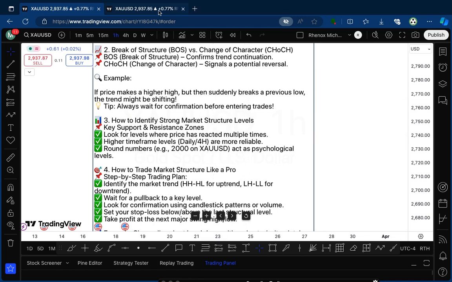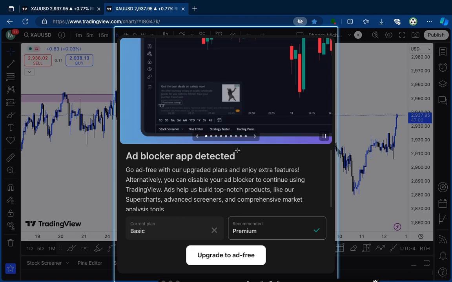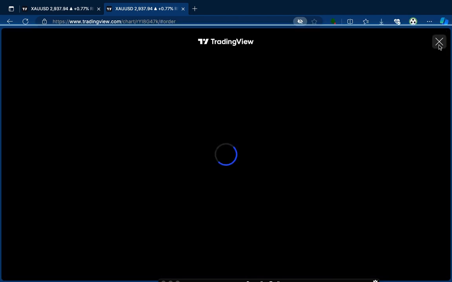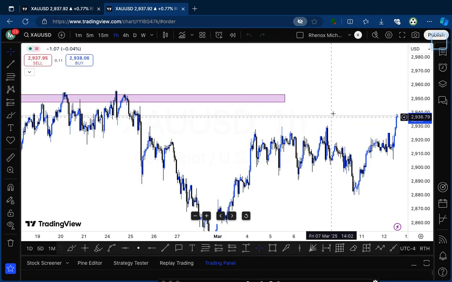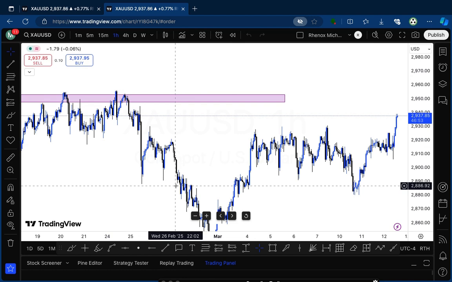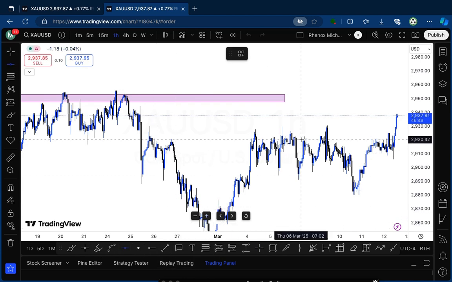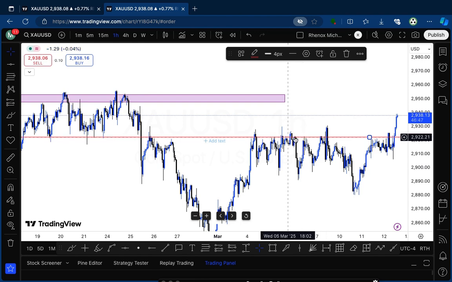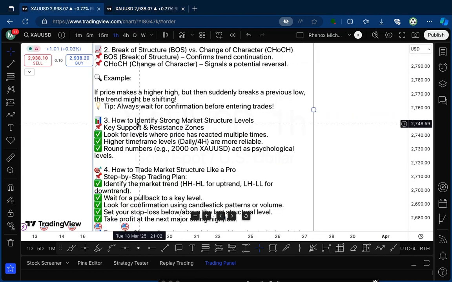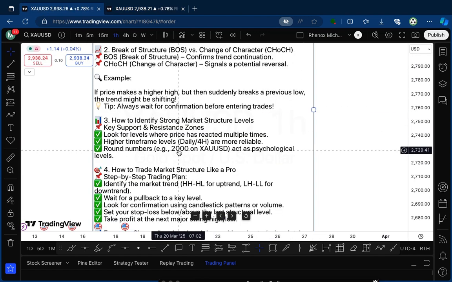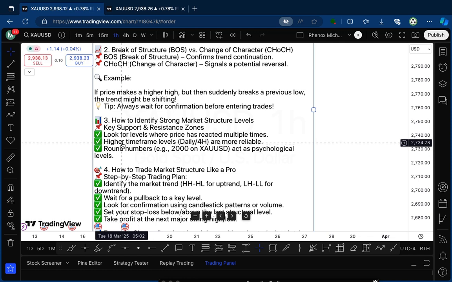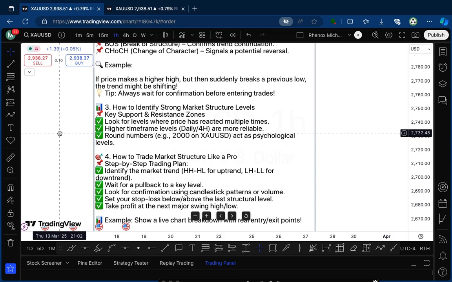Those levels where price keeps reacting, going up and down, are where you mark your strong support and resistance levels. Like we did some examples on that in the last video. We said we could also use round numbers to find strong structure levels. Also, we could use higher time frame levels, which is the daily and the 4-hour, which are more reliable to find those structural levels.